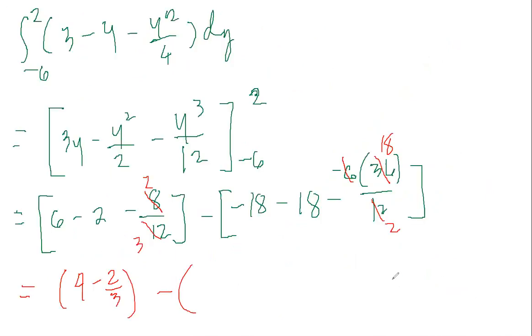So this becomes what? This is positive, right? So I can cancel this out. This becomes negative 18. And this is equal to 12 minus 10 over 3 plus 18.